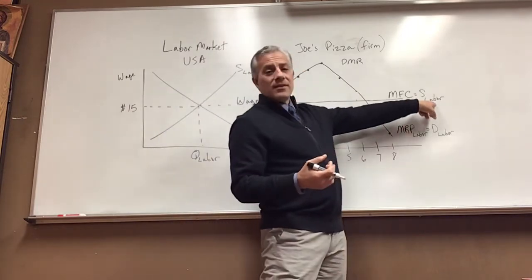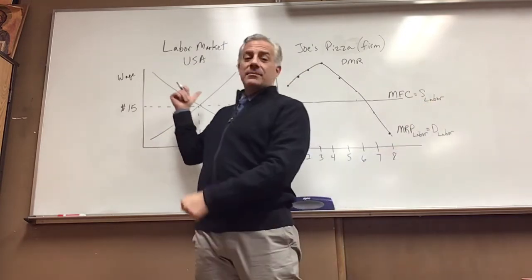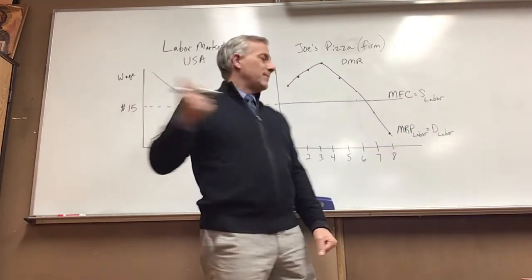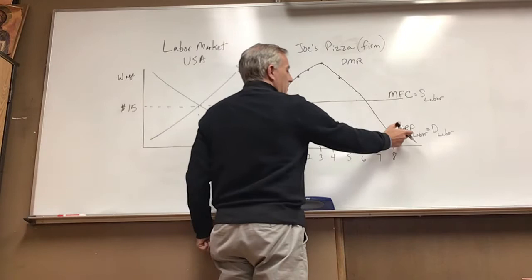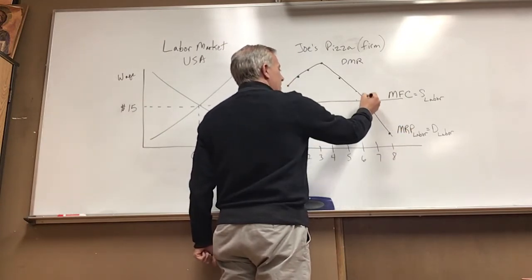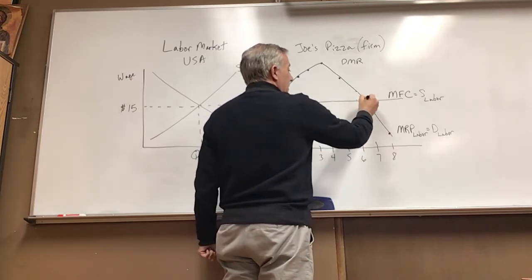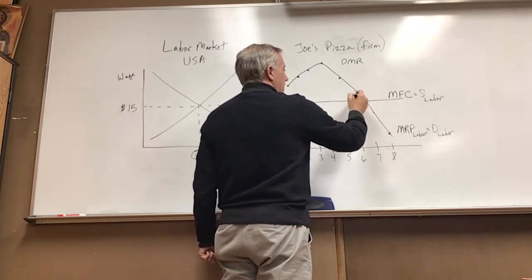And this is also the supply of labor for the firm, different from the supply of labor for the entire market. Whereas this is the marginal revenue product or demand for labor. And where they intersect, that's our hiring for max profit. So right here is where MRP equals MFC.